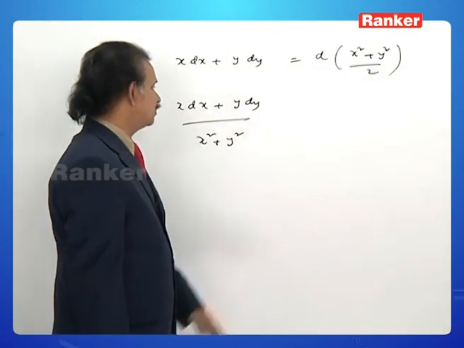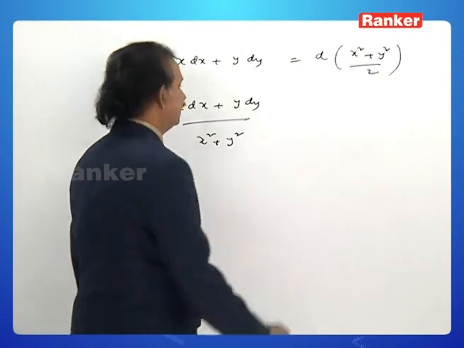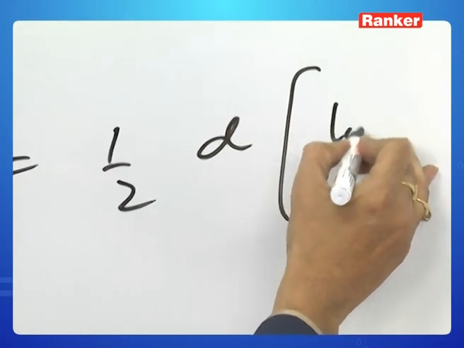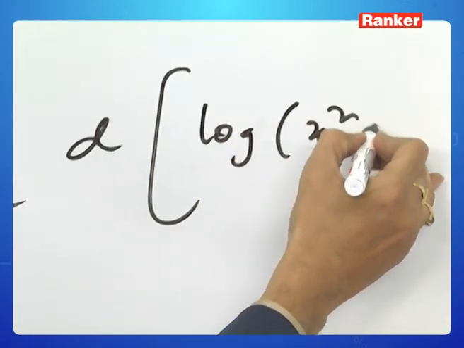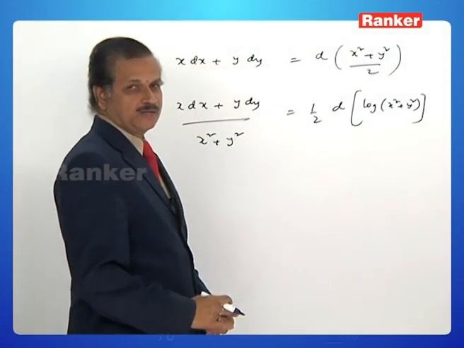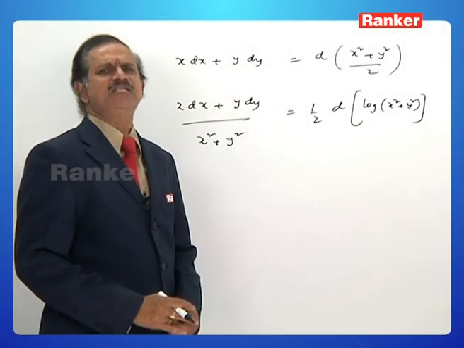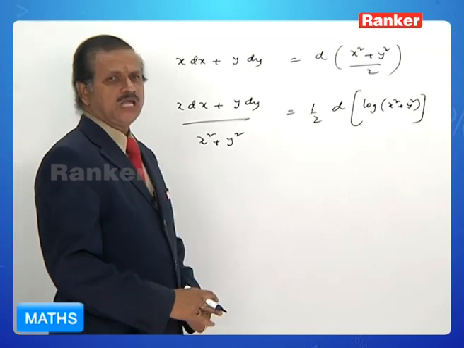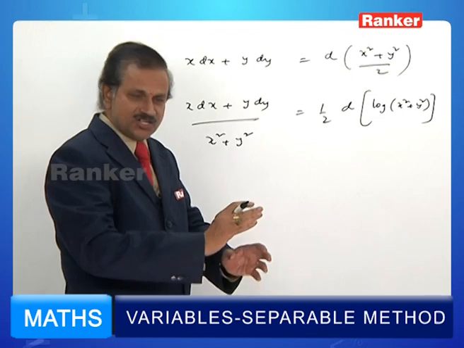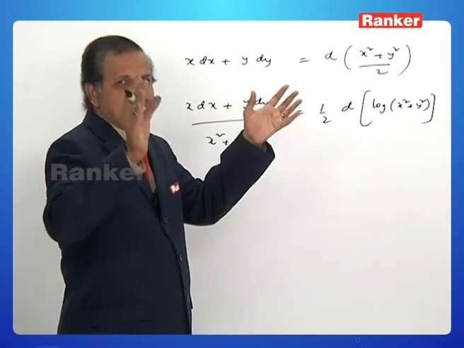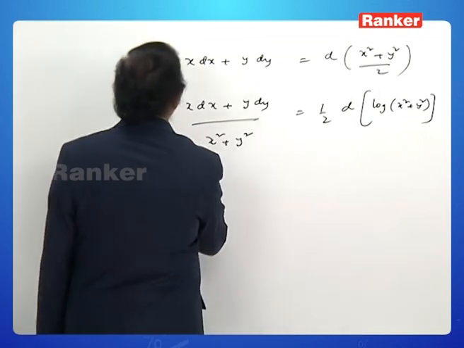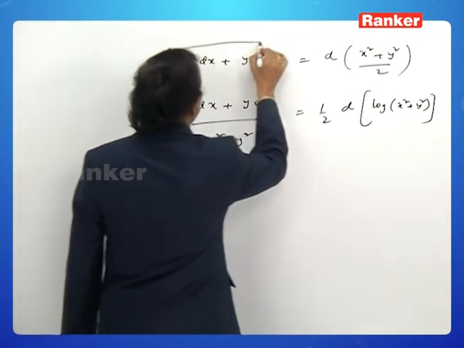What is this (x dx plus y dy) by (x square plus y square)? This is half into d of log of (x square plus y square). Previously, we could have had just the list of differentials, and in the present moment we gather similar differentials in one box so that it will be very easy to remember them. This is the first box we want to prepare.